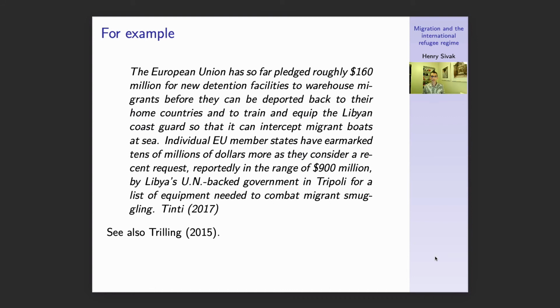In the case of the EU in particular, the European Union has been spending a lot of money hiring former human smugglers, people who used to be involved in the business of smuggling people from usually poorer, more violent countries into the EU, and turning them into a kind of impromptu migration police.